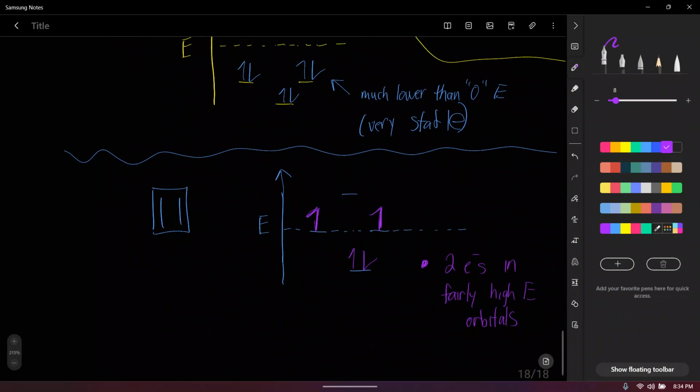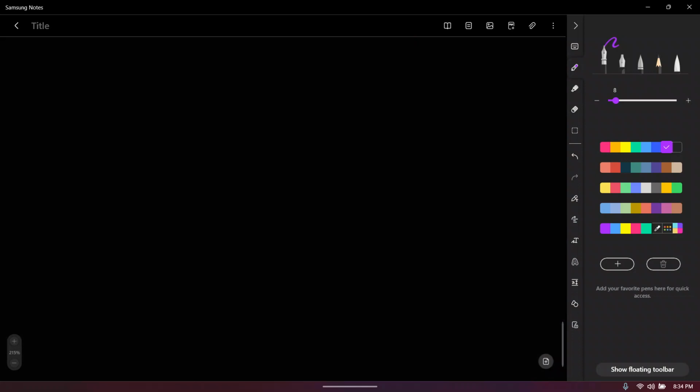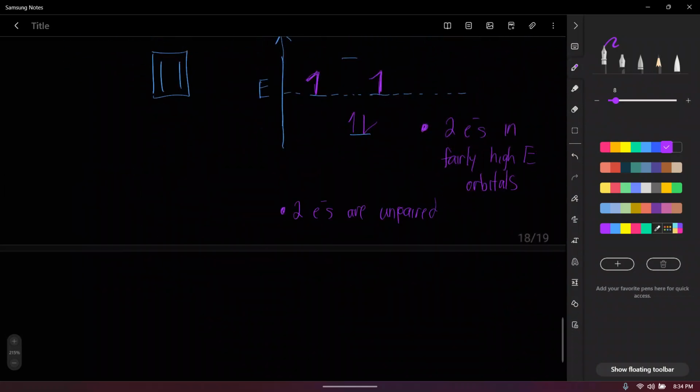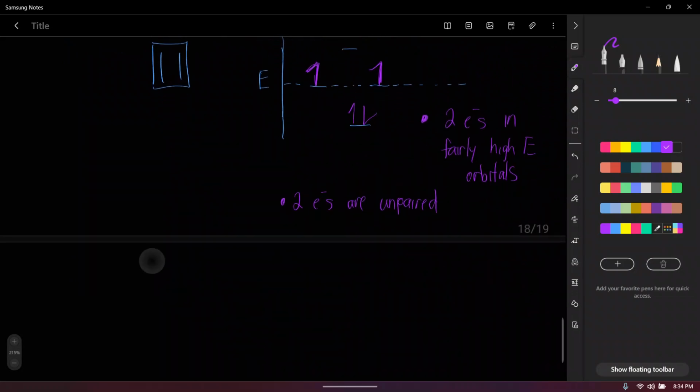But even more so than that, 2 electrons are unpaired. And in chemistry, you don't see a lot of unpaired electrons, because unpaired electrons are extremely unstable. What that means is that when you have anti-aromatic compounds, you're dealing with a diradical.